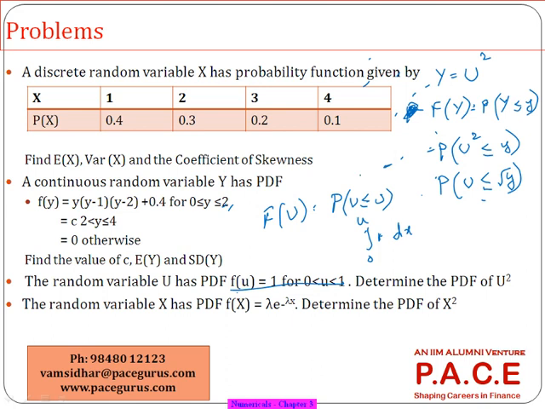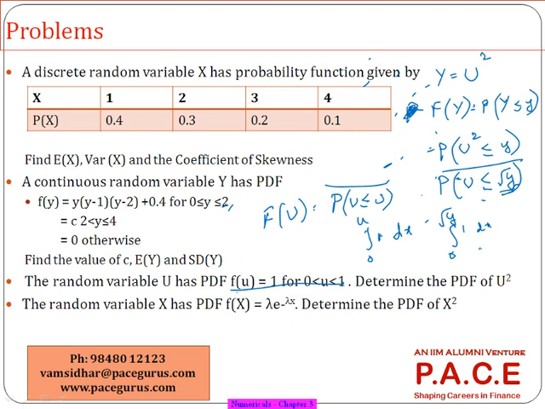If I try to bring out the similarity between these two things, instead of u I have to use square root of y. So it is as good as saying integration from 0 to square root of y of 1 dx.